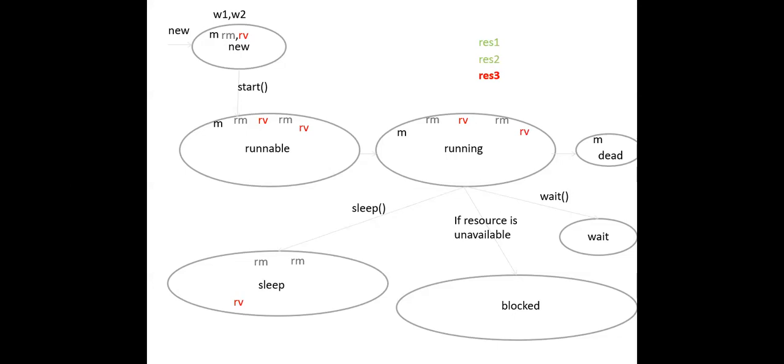Now, the Ravana thread will try to access what? He will try to access resource 2. But is it available? No, because of which it will go to block state.